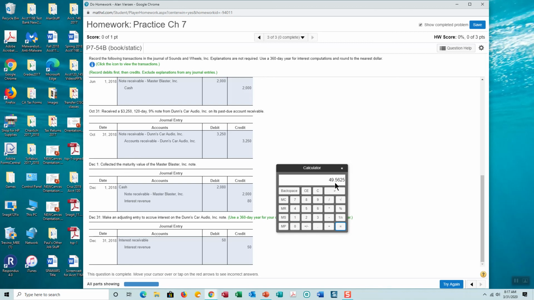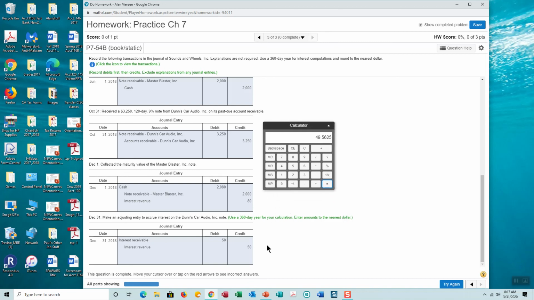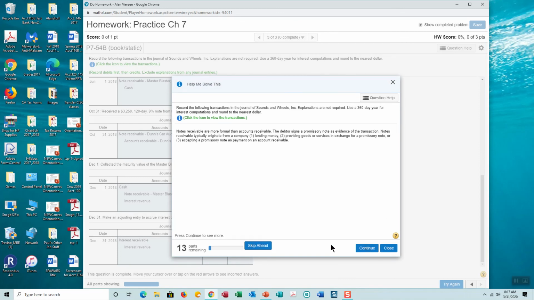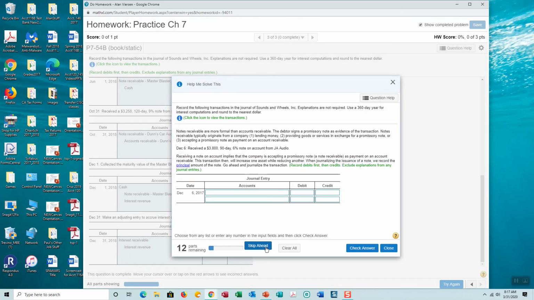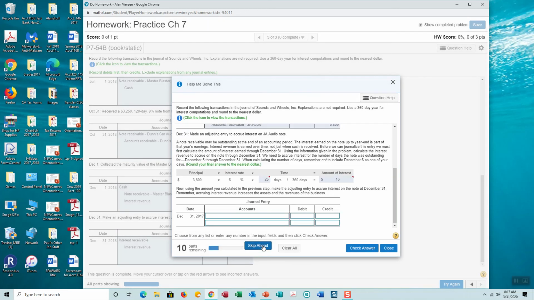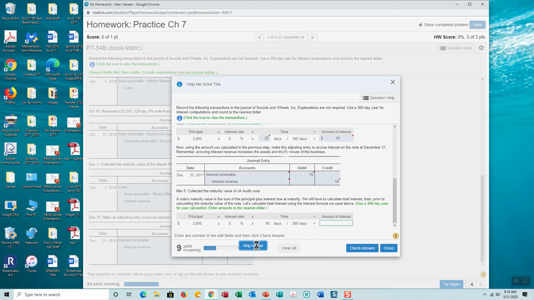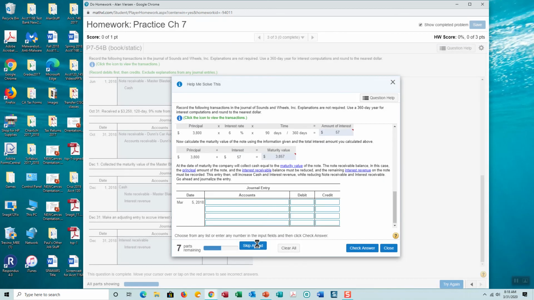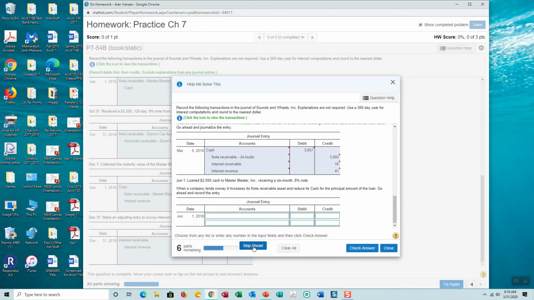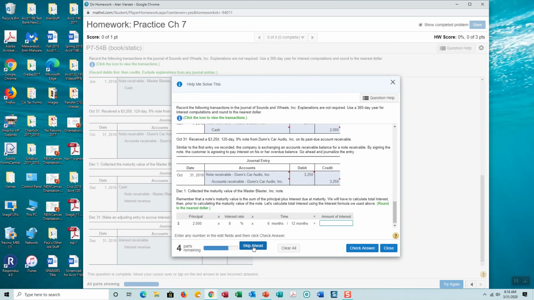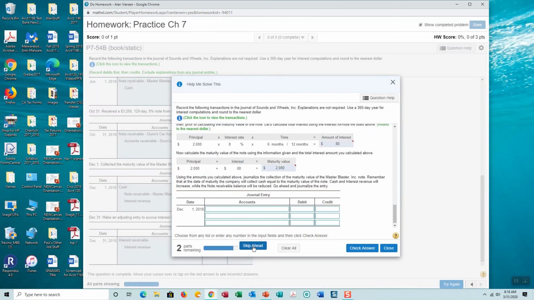That is $49.56, rounded up. When I first did this problem, I could not figure out why mine was off by a few dollars. So that's what you use Help Me Solve This for. I went over here real fast and skipped ahead to the part that I didn't understand. I had everything else figured out. If you haven't become an expert at Help Me Solve This, do yourself a favor and learn how to use this tool, because it will help you immensely.